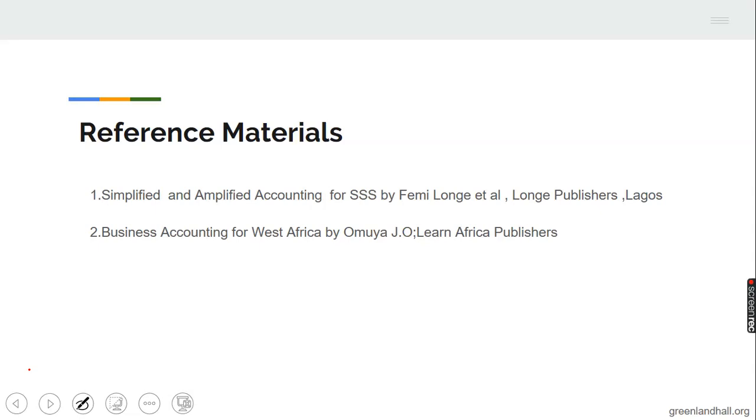Reference materials. For further readings and information, you can lay your hands on Simplified and Amplified Accounting, Financial Accounting for Senior Secondary School by Femi Longe et al., published by Longe Publishers.